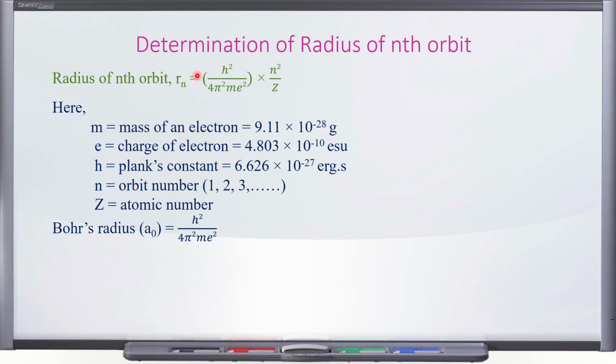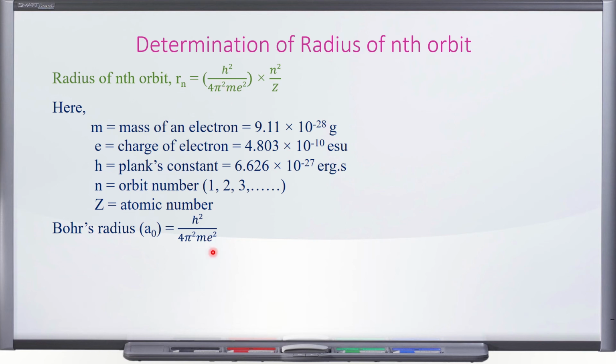Now look here, this portion h square divided by 4 pi square m e square, this is a fixed value. These are not variable. So we can find out the fixed value from there.